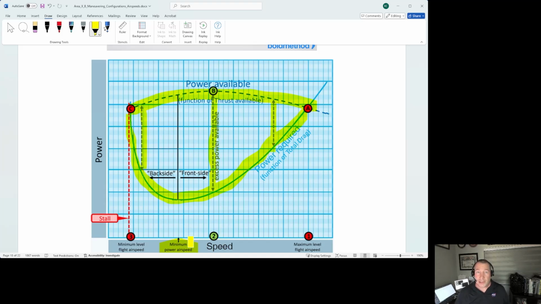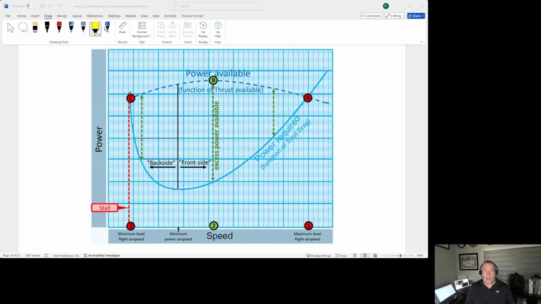Maximum endurance because you need the least amount of energy for level flight, and best glide speed, roughly, because you need to trade the least amount of energy to maintain your airspeed at that speed. So then we also denote that this red line represents the stall speed.